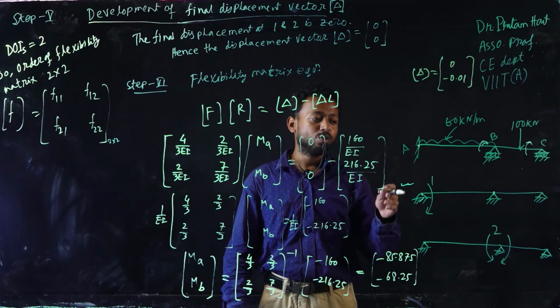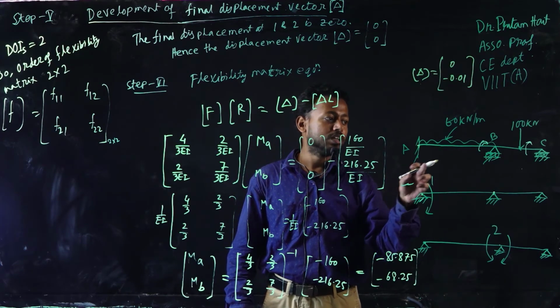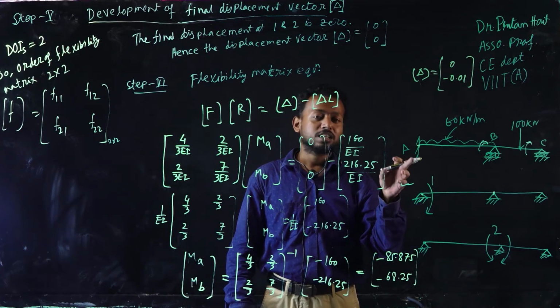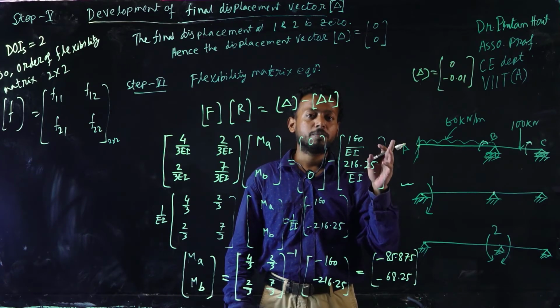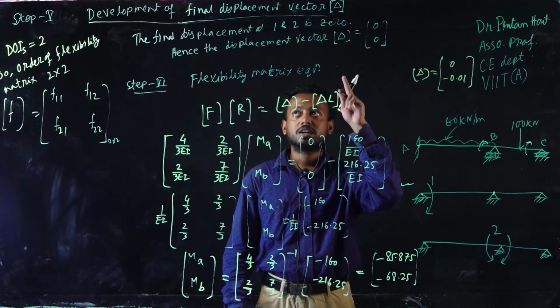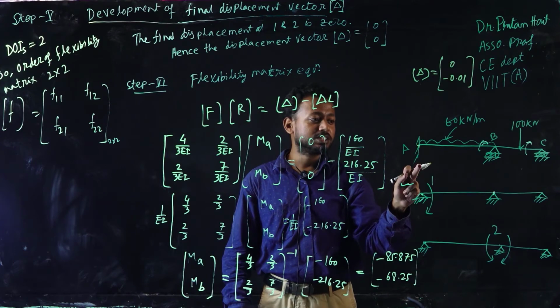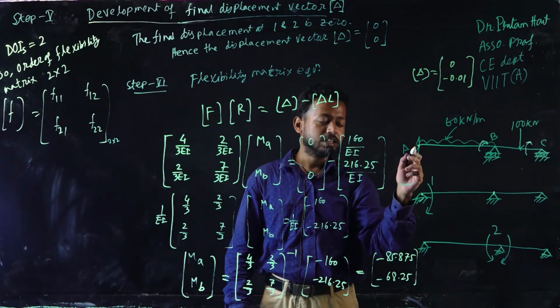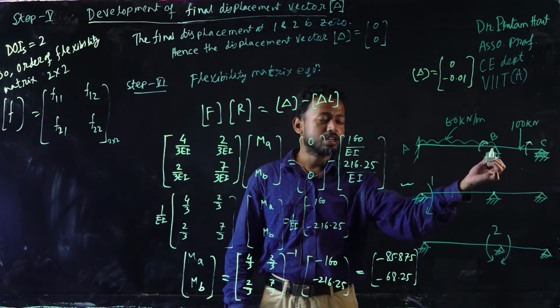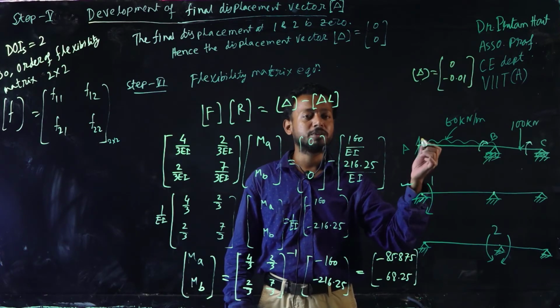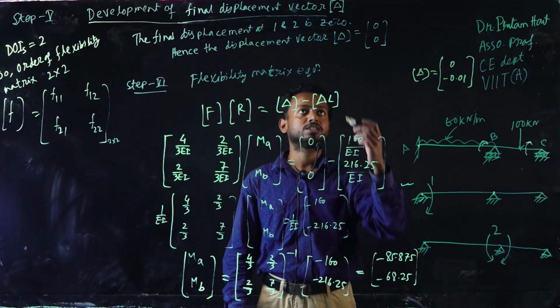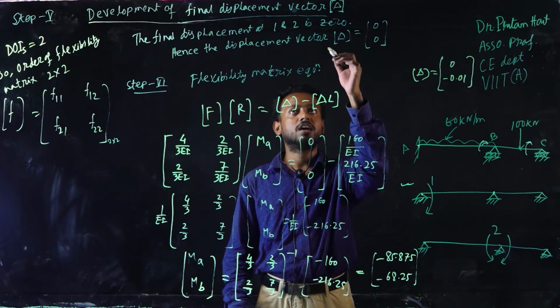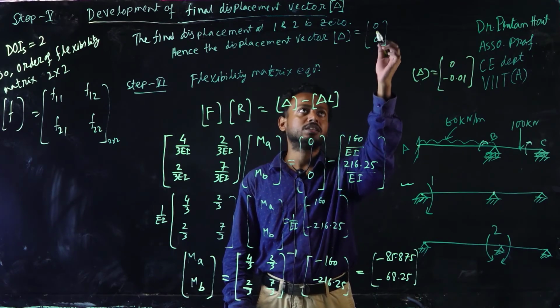So finally, the movement of the coordinate directions is what is represented in the displacement vector. Since the A support or one coordinate direction is not moving and the B coordinate direction is also not moving, that means final displacement is 0. That's why in this case the displacement vector will be 0 0.